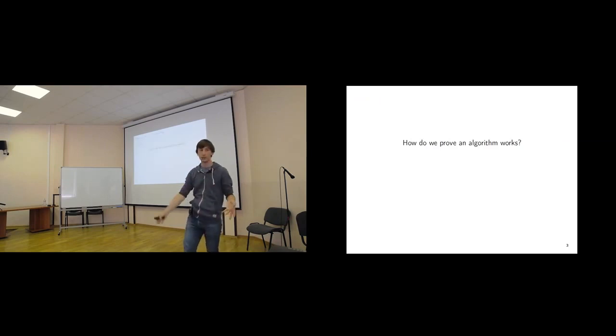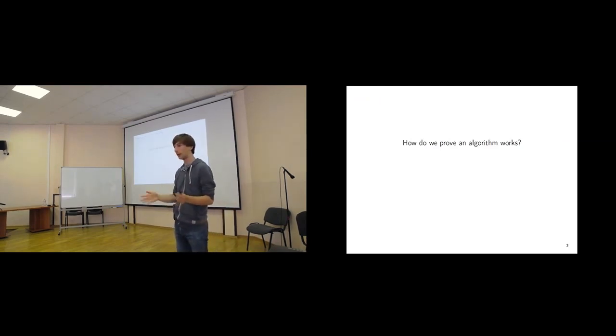Okay, so the overall question we want to tackle is essentially, how can we prove that an optimization algorithm works? And the overall goal is to be able to somehow automate the worst-case analysis of convex optimization algorithms, and in particular first-order methods.